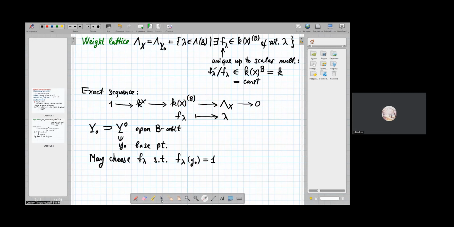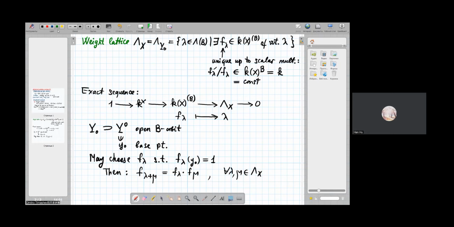You may write under this convention that f lambda takes value 1 at the unity. So obviously you have that f lambda plus mu equals f lambda times f mu for any lambda, mu in the weight lattice, and we have this splitting.